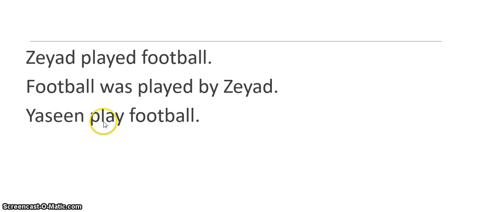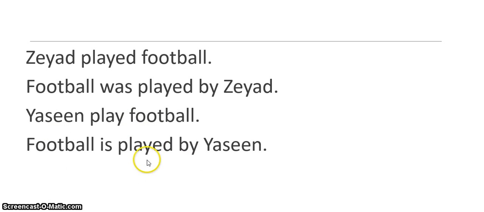Now it is present, so we will use the helping verb. What are the helping verbs of present tense? Is, for singular. Football is singular, so football is, and the participle form of play, played, then preposition by, and then who was the doer of the action? Yasin. So how will it look? Football is played by Yasin. This is the passive form for this active sentence.